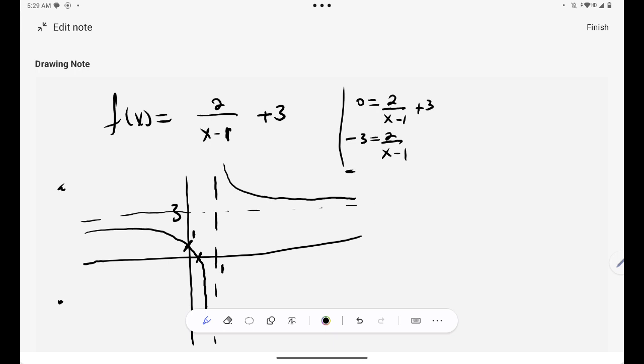What do we have? We have negative 3x plus 3 is equal to 2. Negative 3x is equal to negative 1. X is 1 over 3. Okay, the x-intercept is 1 over 3.